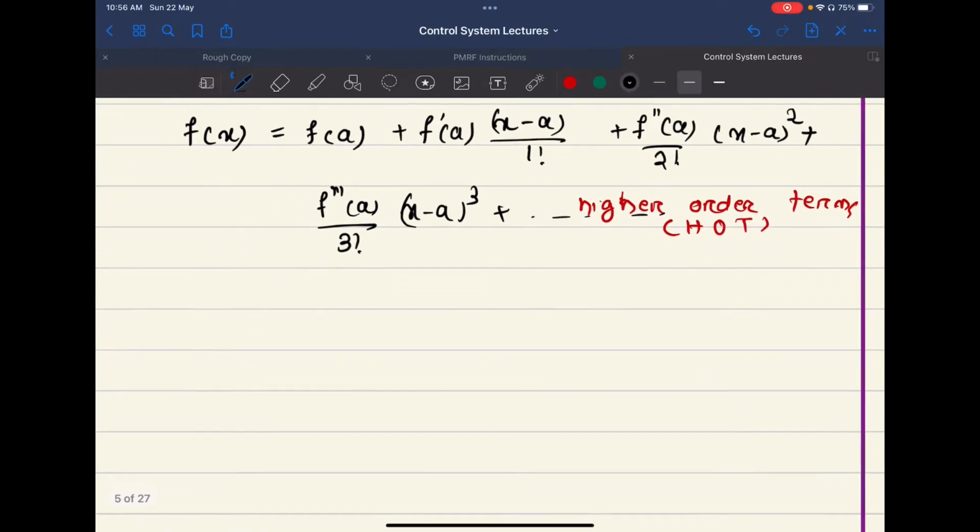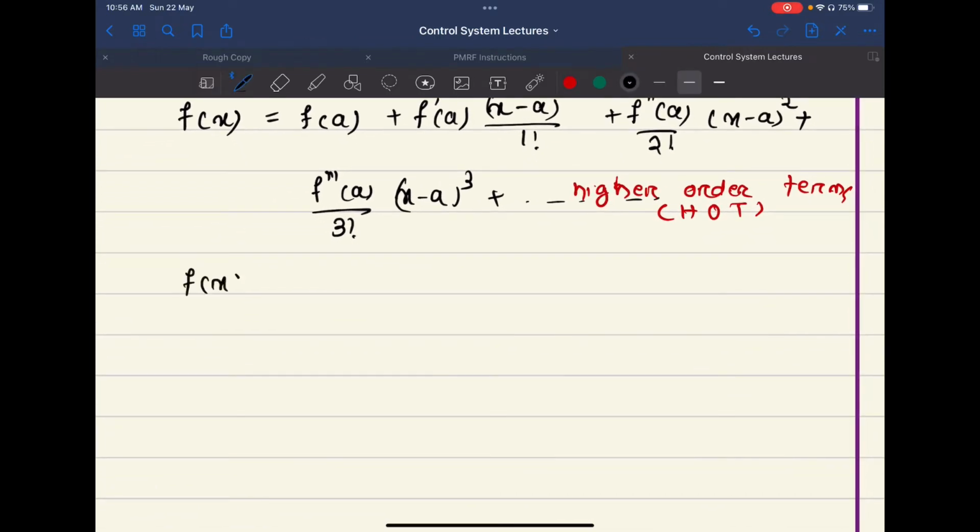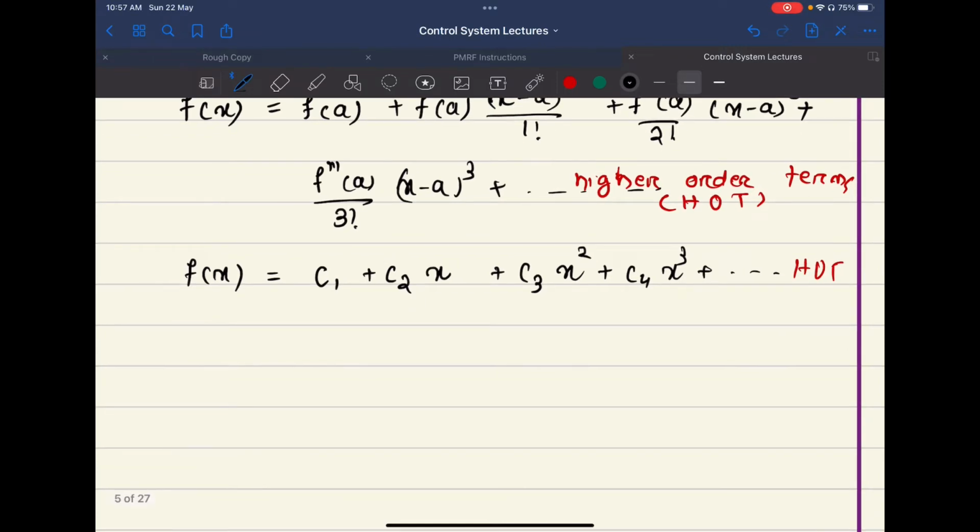So I can say my f of x is a combination of some constant c1 plus c2 into x plus c3 into x square plus c4 into x cube, going on till infinity. These are the HOT. The values of c1, c2, c3 we can calculate from the expression. So ultimately I am getting the expression.